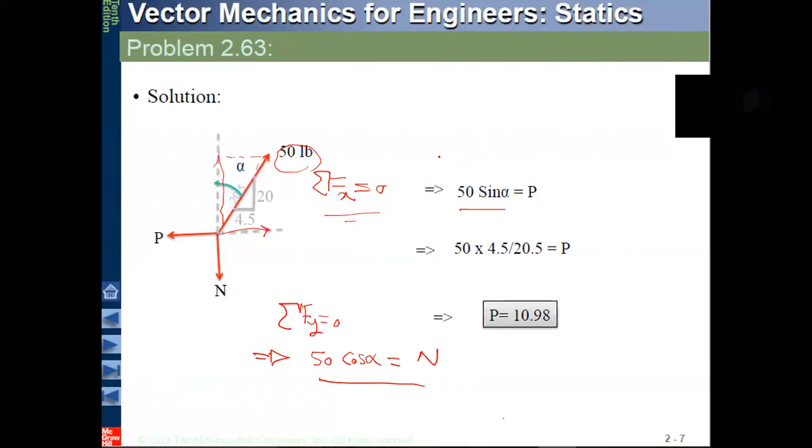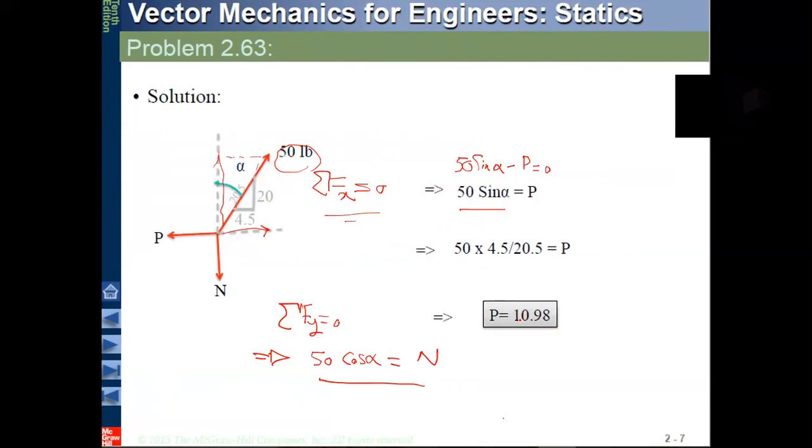Well, if you want to write it in a more compact form, you have 50 sine of alpha minus P, because it is in the minus x direction, and you will get this. And you can calculate sine of alpha with the geometry given in this question.